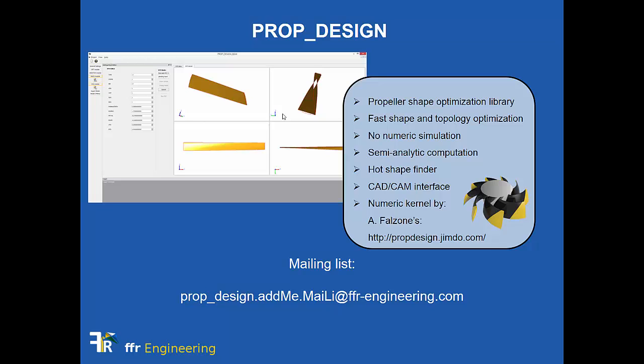Then you can further use these models in a CAD or FEM process to produce or design the propeller. If you're interested in this, just write us an email to this mail address. It will also be found in the comments under the video, and then you will be added to the mailing list. The software is not yet released. It will be released very soon, and then you can get the latest information.